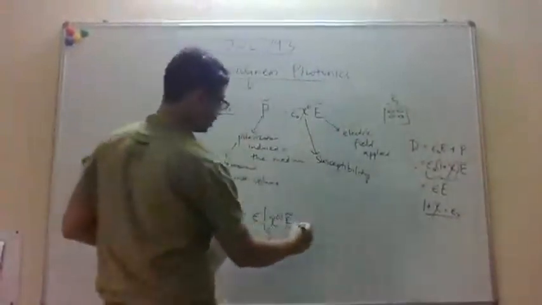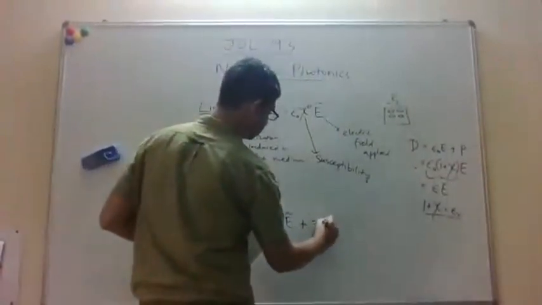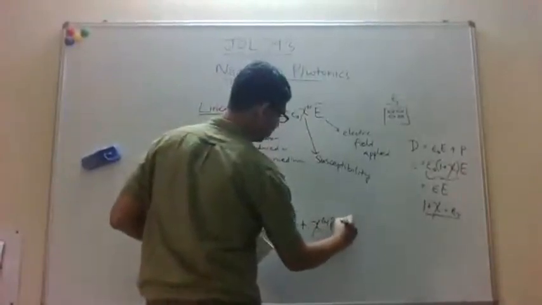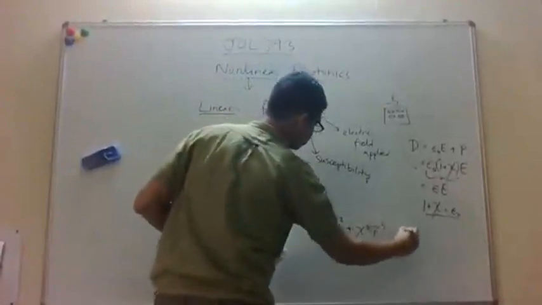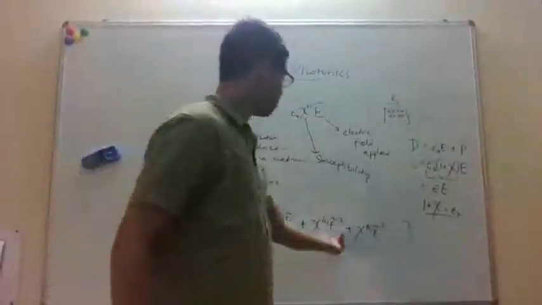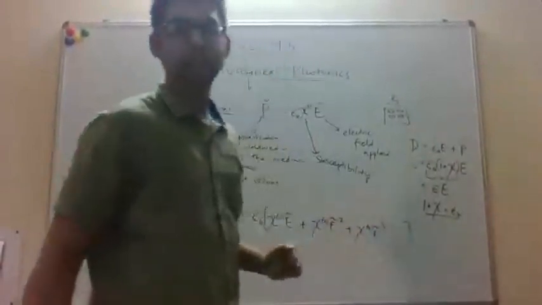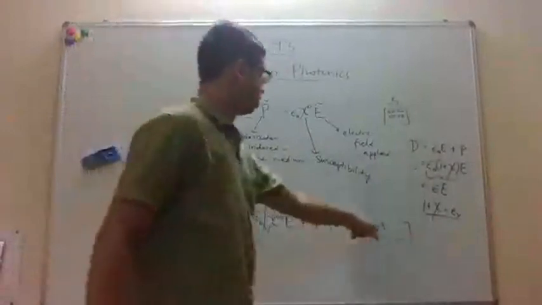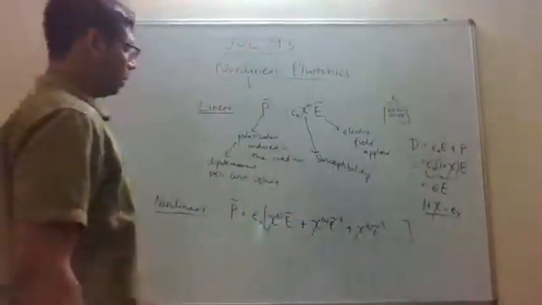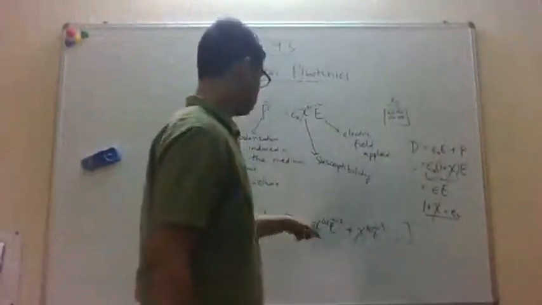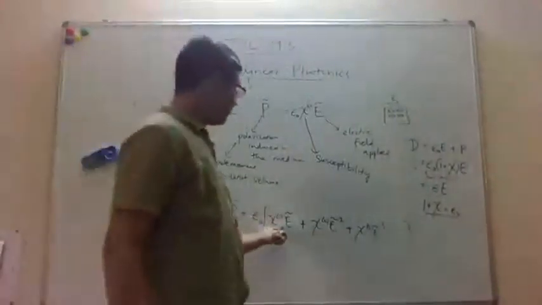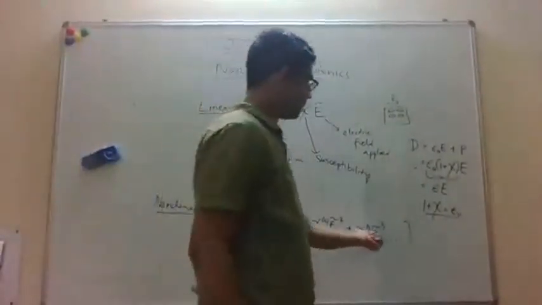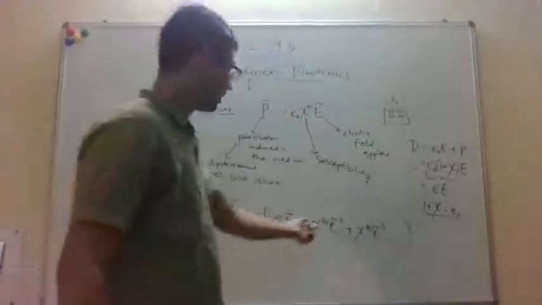Then we have to add some extra terms here to more accurately model the material response. The simplest way would be to add higher order terms of E, so E squared, E cubed, and then the proportionality constants would be chi 2, chi 3. That's why I put the 1 here. The first order is called the linear susceptibility, and these higher orders are nonlinear susceptibilities. So this is the second order susceptibility, the third order susceptibility.